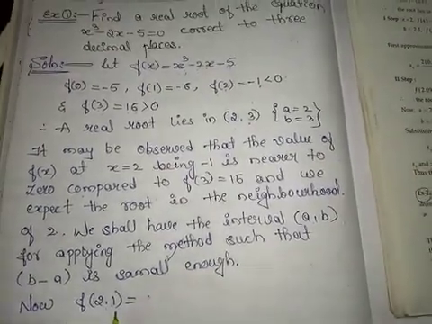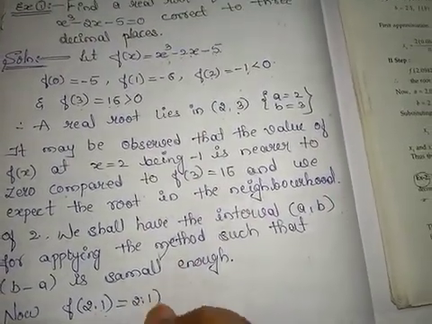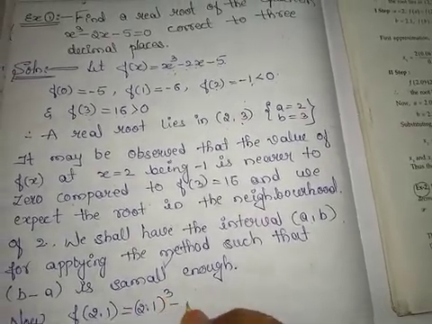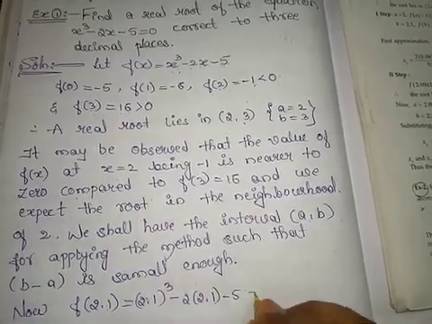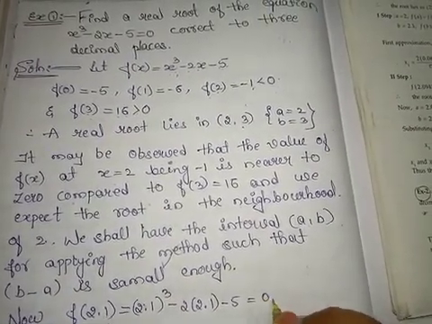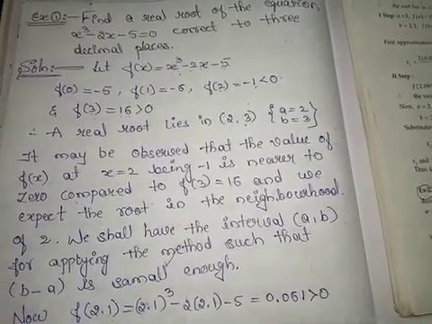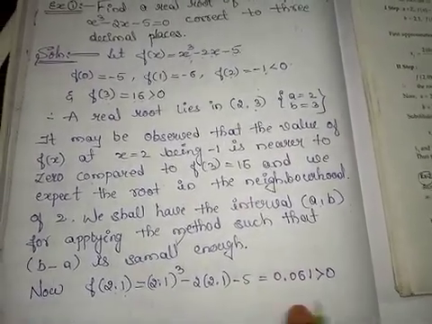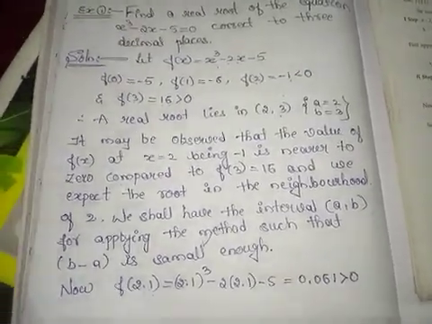Substitute x as 2.1. What will we get? 2.1 whole cube minus 2 into 2.1 minus 5. After calculation we get 0.061, which is greater than 0. See, here we have a positive value, means this is greater than 0.